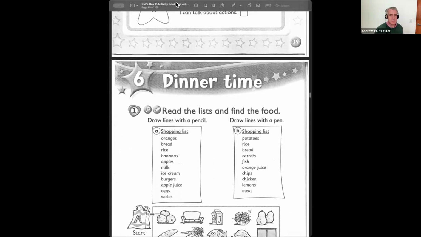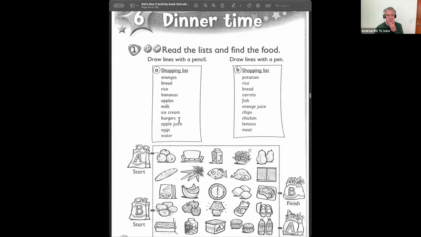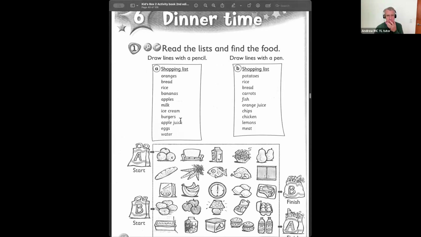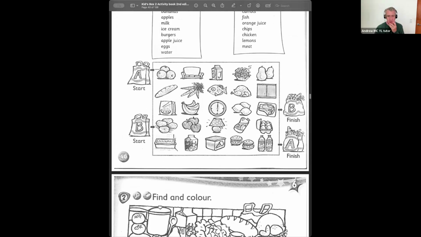Okay, so you've got this. That makes sense that they could identify these foods with that activity.